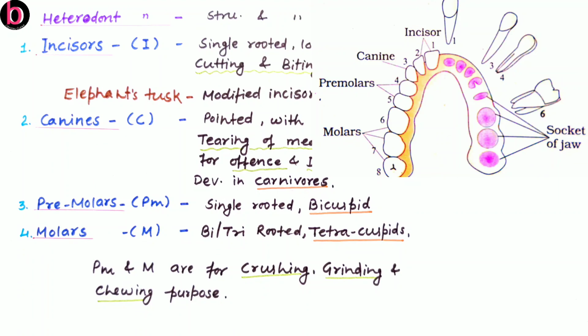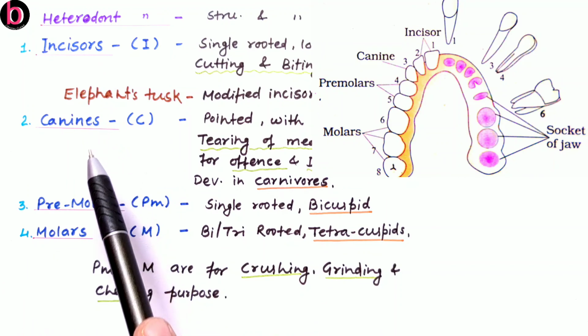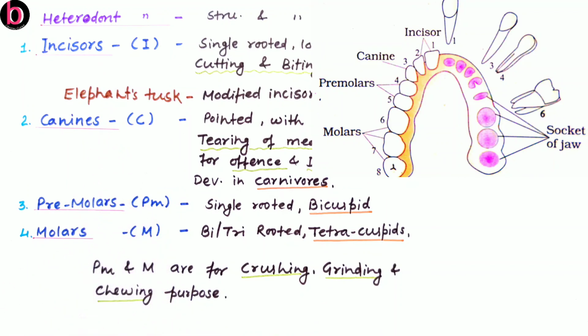In a human adult, the number of incisors, canines, premolars and molars is respectively 8 incisors, 4 canines, 8 premolars and 12 molars.